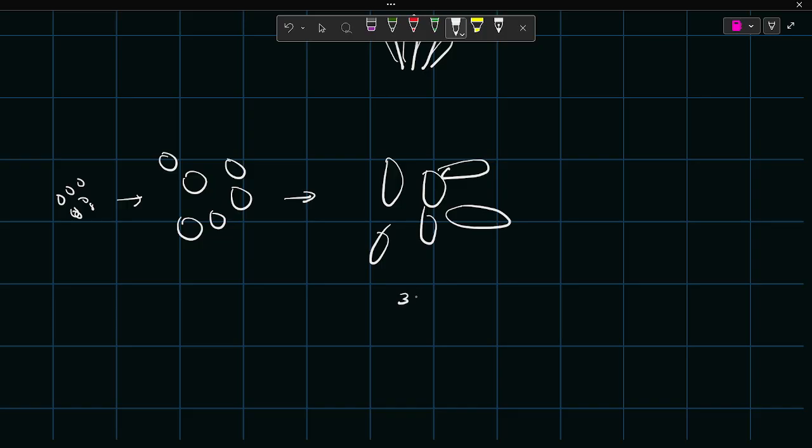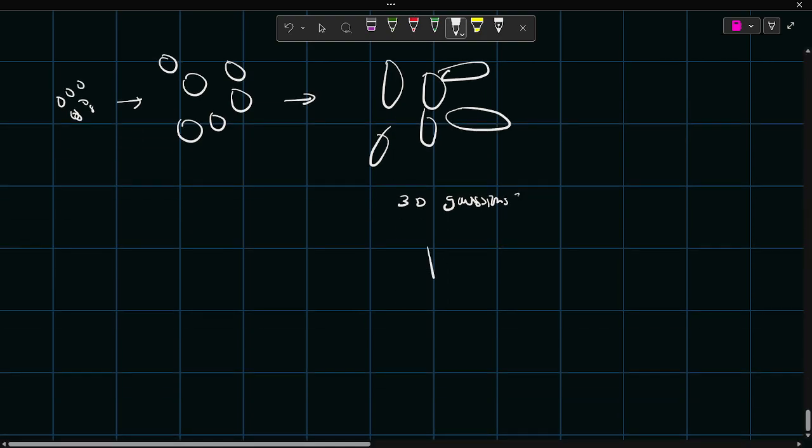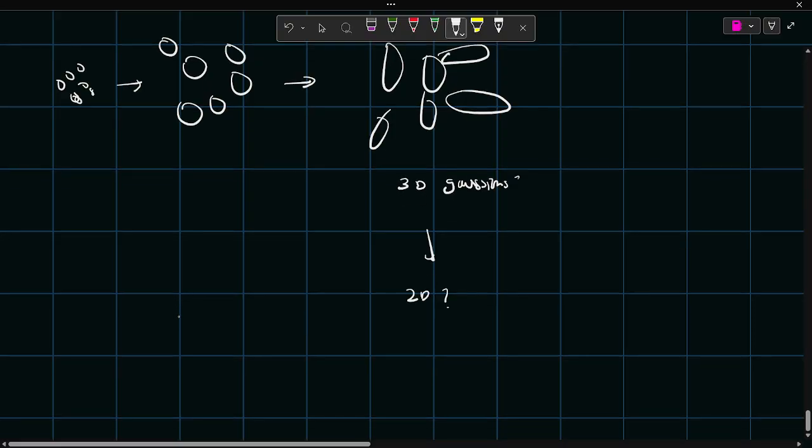Now this is a 3D Gaussian. How do I represent it in 2D? Because how do I represent it in an image, since the screen is essentially 2D? How do we represent this in x comma y?